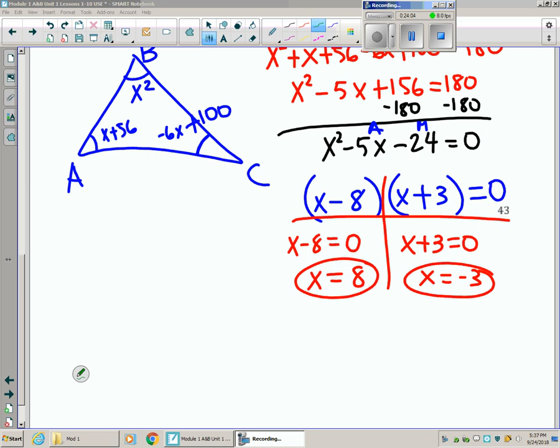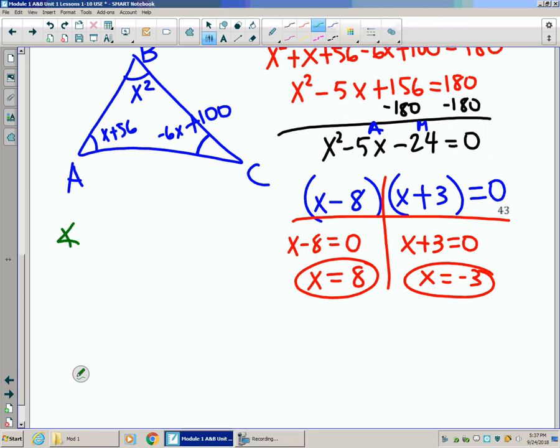So although you have two different answers, because we didn't know what type of triangle we have here, they still want us to determine what angle ABC is. So I could say that angle ABC in this case is represented by x squared.